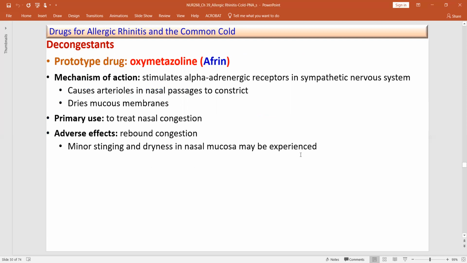Oxymetazoline, Afrin, is the prototype drug for this drug classification. When Afrin is used for longer than 3 to 5 days, it would result in rebound congestion.